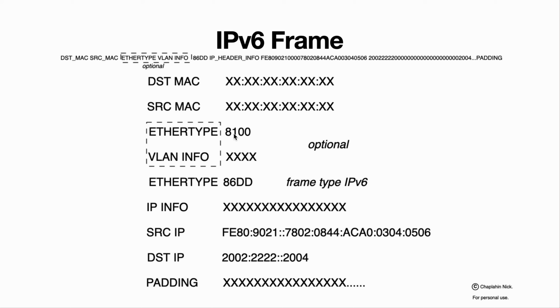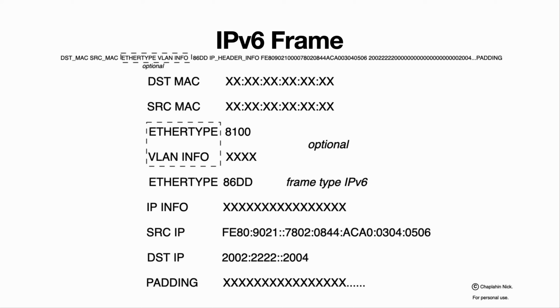And again, the IPv6 frame contains a source IP that specifies the station that generated the data frame, and a destination IP that identifies the station that should receive this data frame for further processing. So in general, if we simplify, IPv6 is pretty similar to IPv4, only much longer.